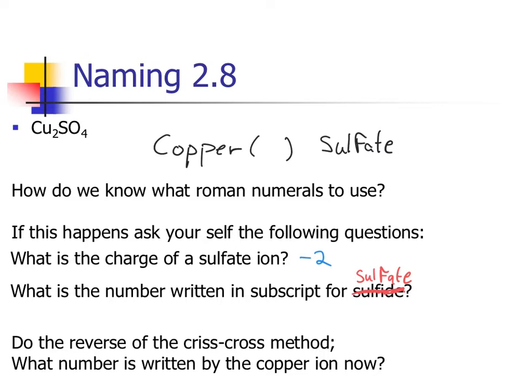Now, when we ask the question, what number is written in subscript for sulfate, we get a little bit confused because a lot of us are going to want to say this 4. But that 4 that we see here is for the fact that it's the sulfate. And in some reality, though, we should actually almost, in a way, think about that sulfate as if it has parentheses around it.